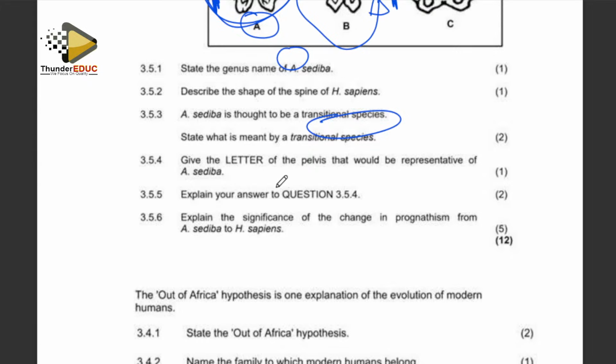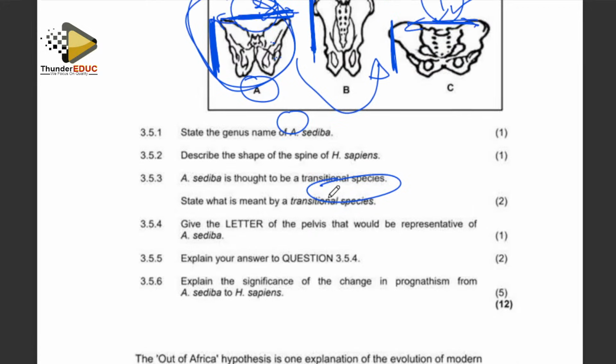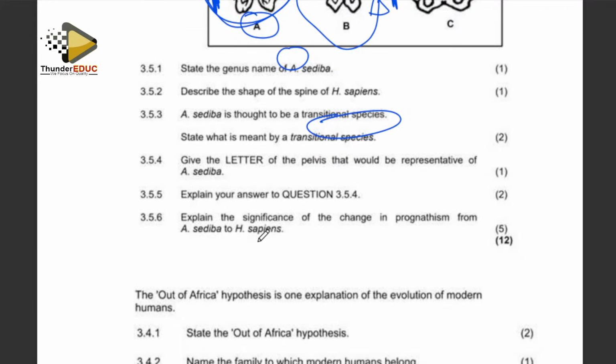Sir, can we do the 6-mark question? We are doing the 6-mark question. Give the letter of the pelvis that would represent Australopithecus sediba.